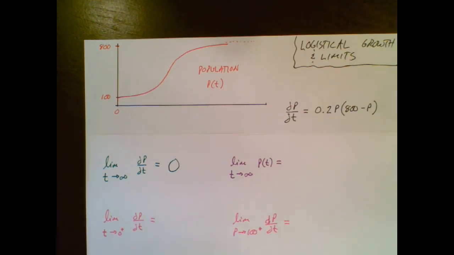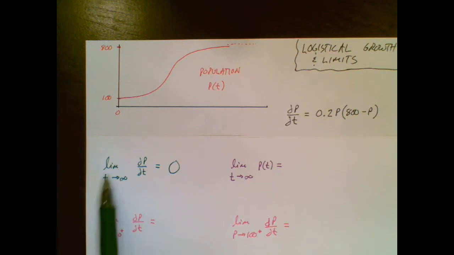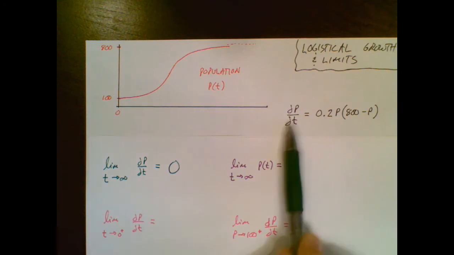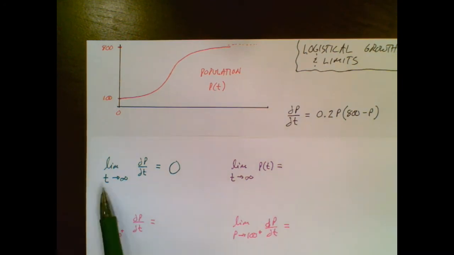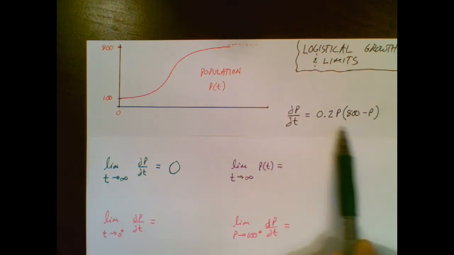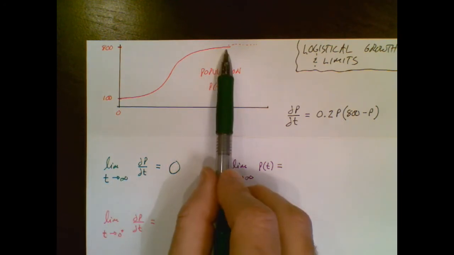Now there's a little problem. If I wanted to think about that limit, not in this form, but in the form of the equation, because it says limit as t approaches infinity of dP/dt, the growth rate, hey, I have that equation. Wait a second. As t approaches infinity, there's no t in there. Okay, so I'd have to do a little bit of surrogate thinking. As t approaches infinity, the population would be closing in on 800.